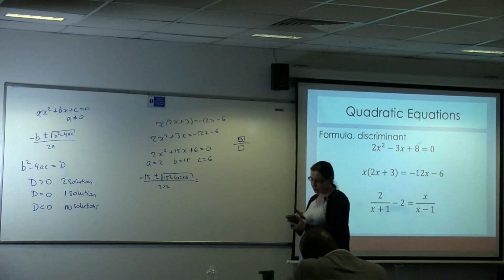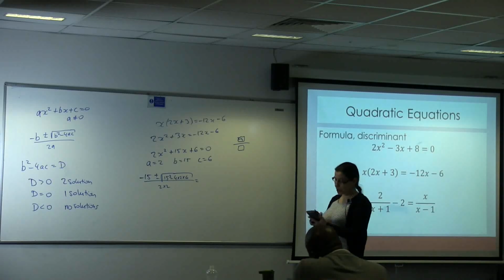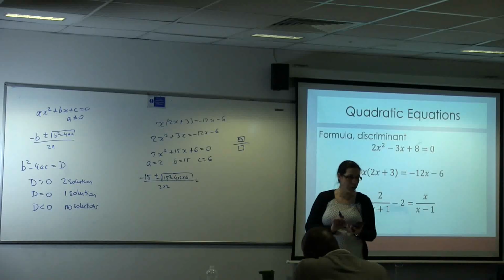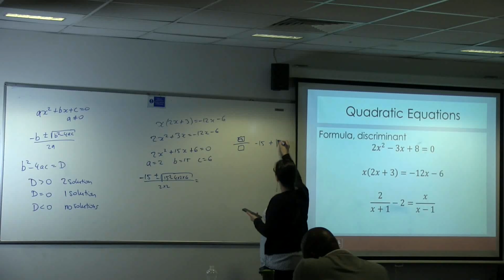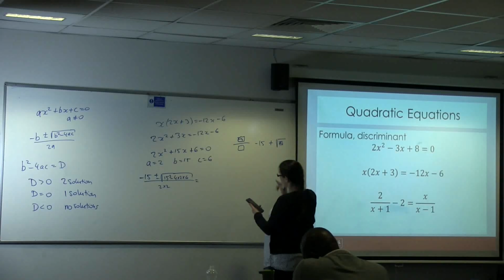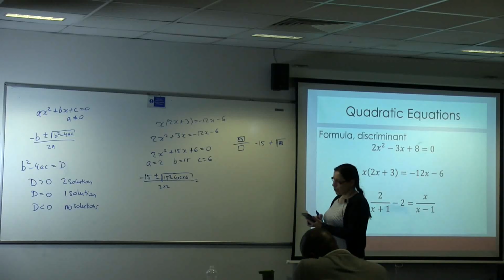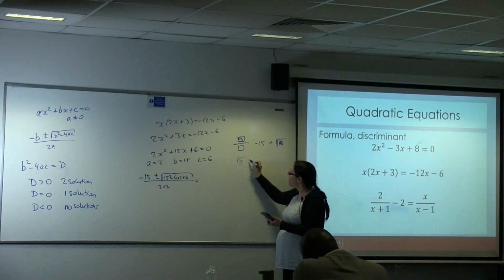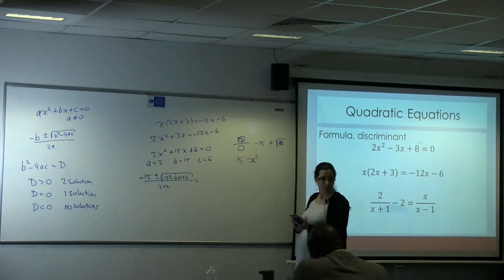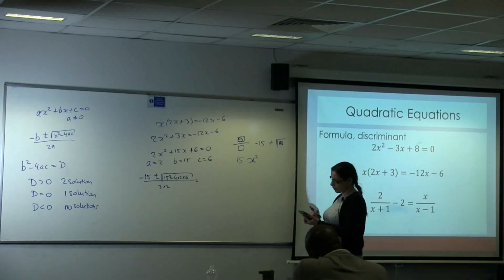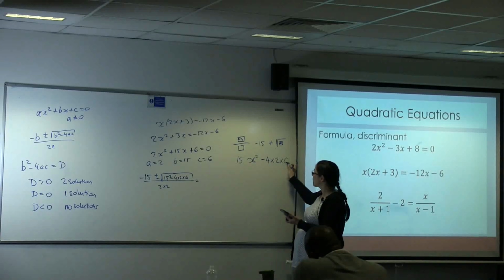So you type in minus 15 plus, now you press the square root button. Then under the root, you type in 15 and the x squared. Then you want minus 4 times 2 times 6.